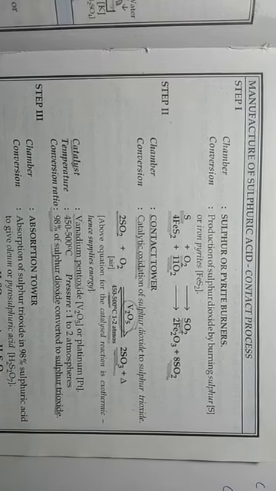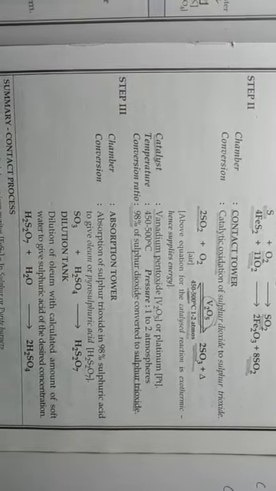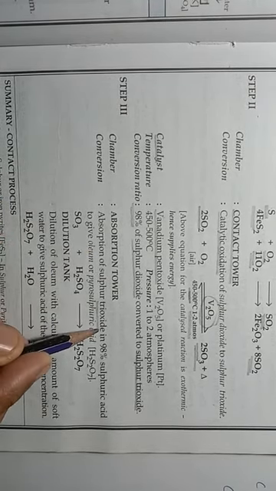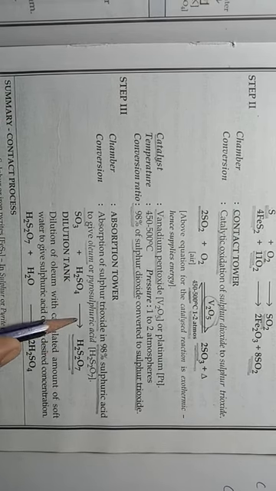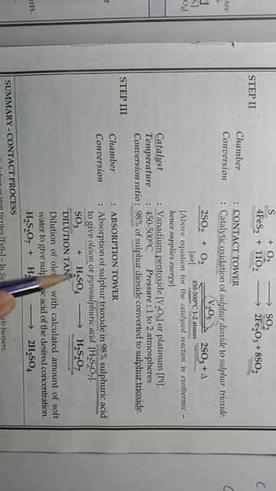Okay students. Then the third chamber is the absorption tower, where sulfur trioxide is absorbed in 98% sulfuric acid to give oleum. The formula of oleum is H2S2O7, which is formed due to the absorption of SO3 in 98% H2SO4 in the absorption tower.